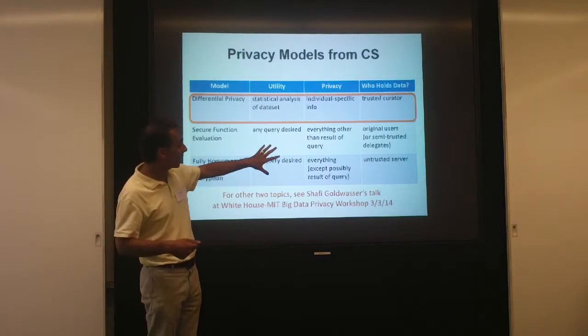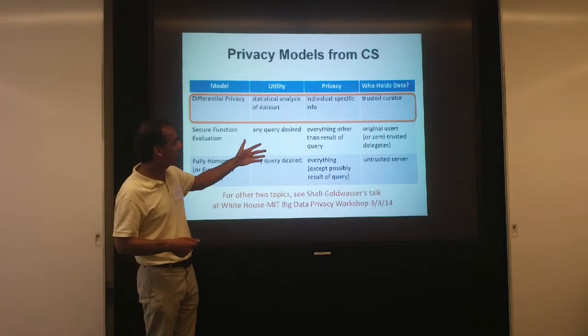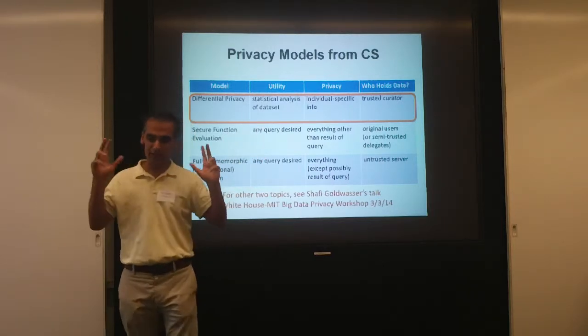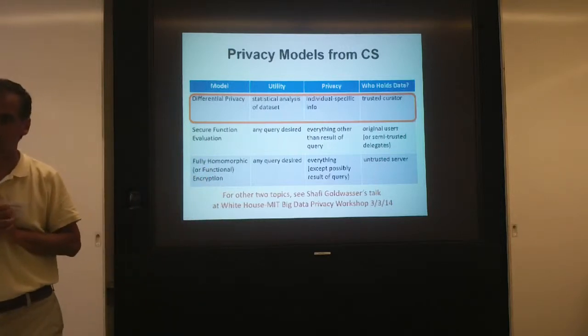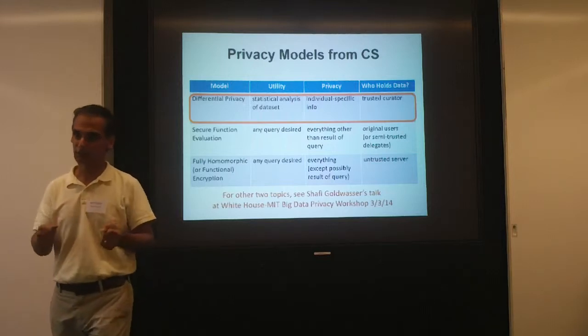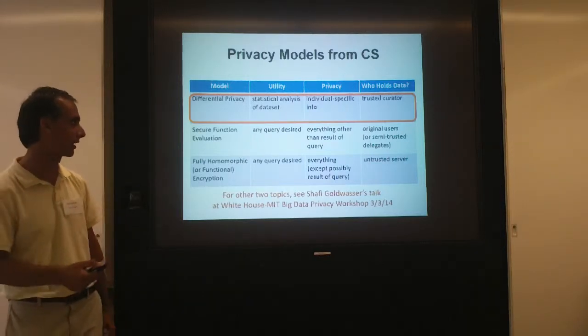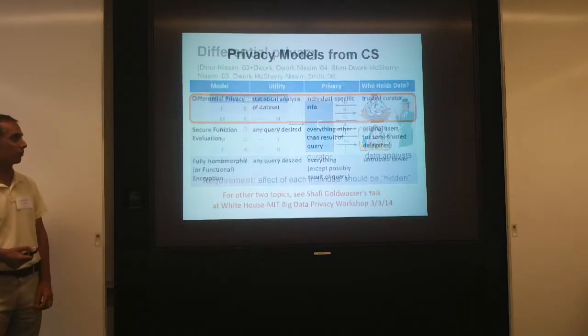On the other hand, if the kind of query that you want to support is not a statistical population level kind of computation, as we'll see, differential privacy won't let you do it. Okay, and we'll maybe come back to that later, and you might need to look at some other approaches.